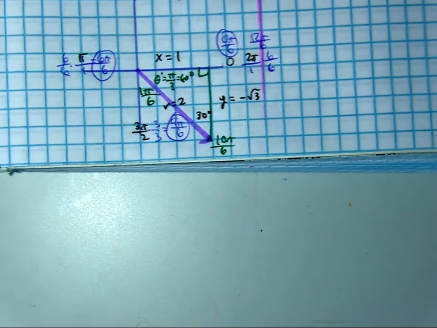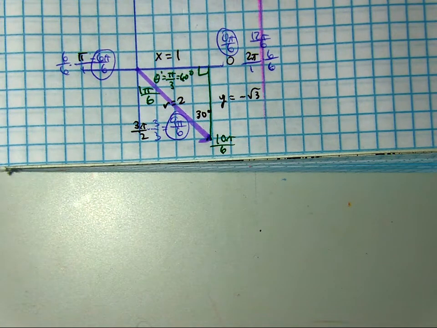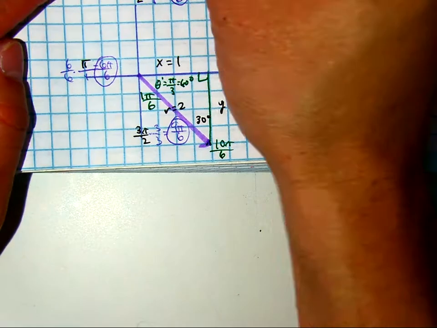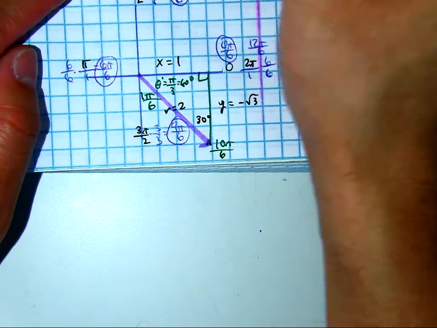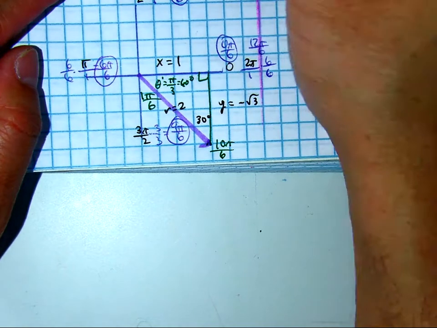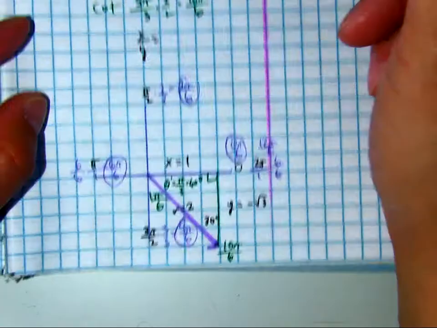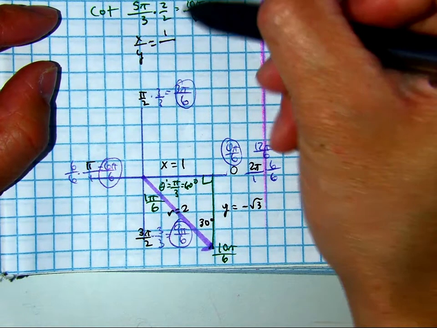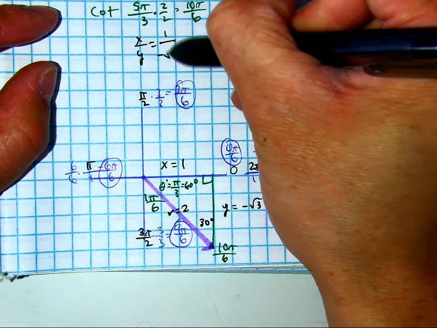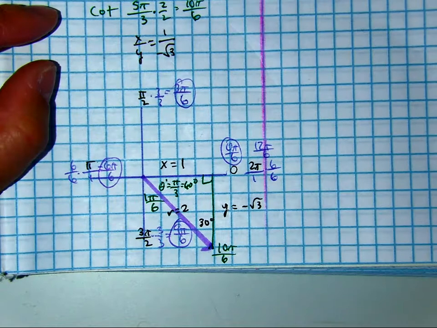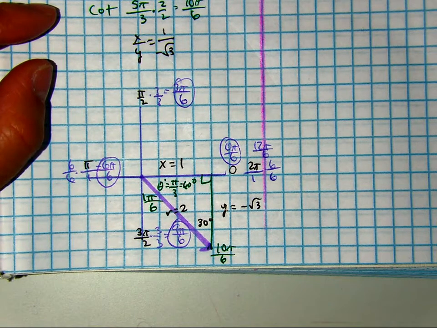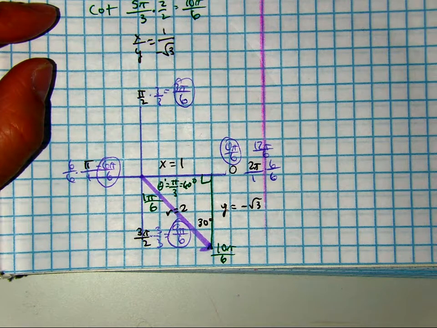Which two letters is cotangent, Justin? X over y. So that would give us what two numbers, Justin? Justin, can you keep it like this?